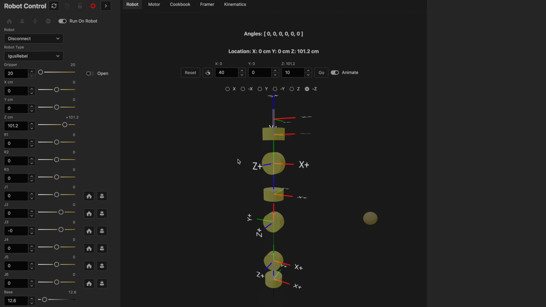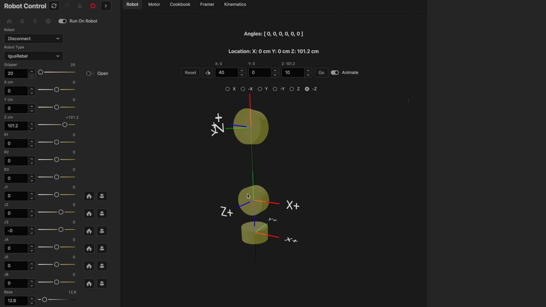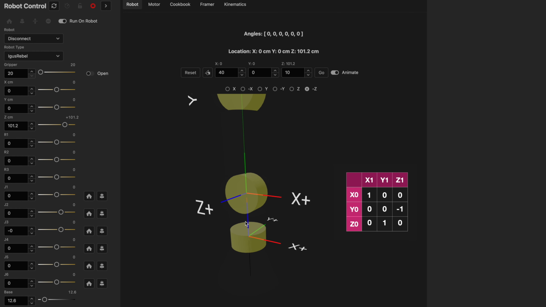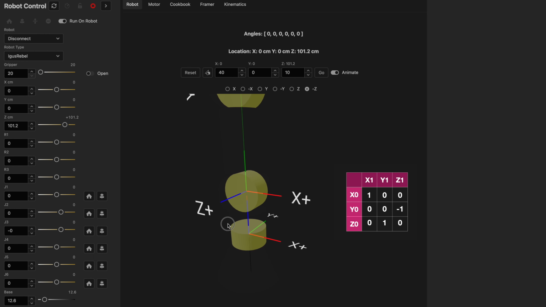If we take a look and analyze just one rotation matrix from the 0 frame to the 1 frame, we can start to define some values. If we look at the x1 projection on x0, we can see the two red lines face each other in the same direction. So that is 1. And there are 0 projections on the y0 or z0.